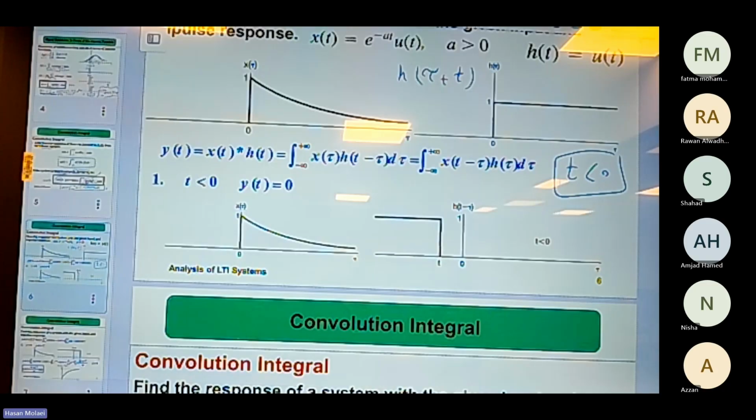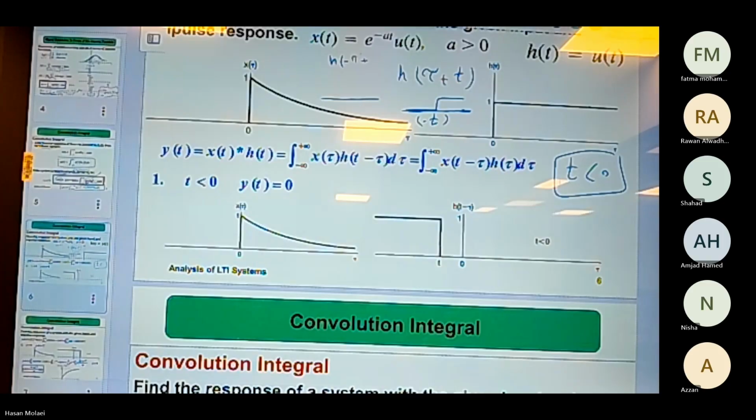Right, it goes to the right. It would be something like that. Now I change tau to minus tau.